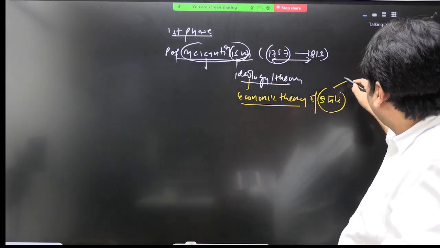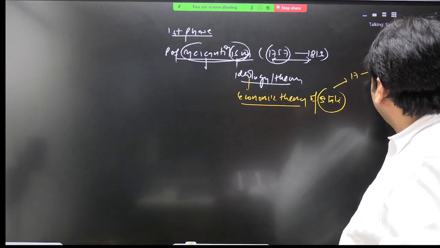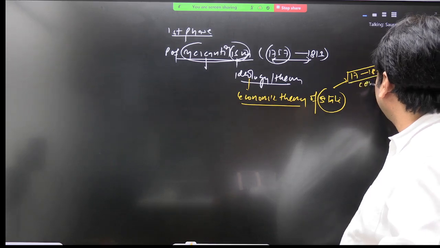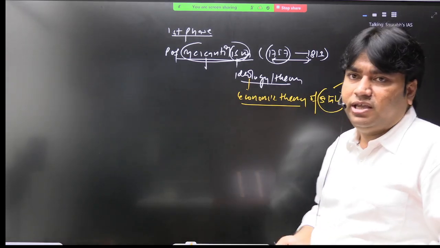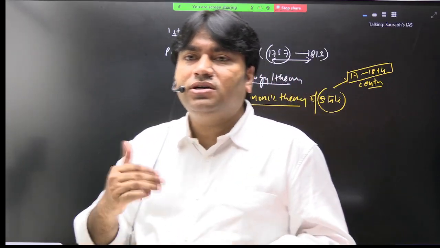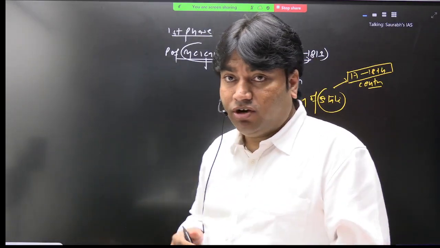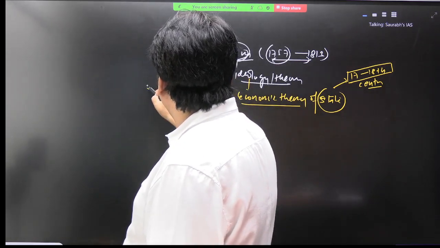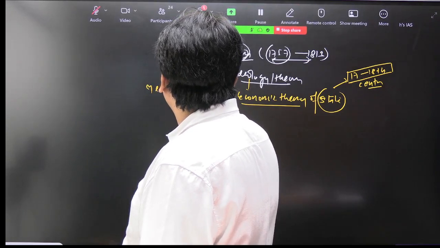And this economic theory of a state evolved in which centuries? It is 17th, 18th century. This economic theory emerged. And what is the basic crux and essence of this economic theory? The answer is very simple. Mercantilism means what? Merchant plus capitalism.